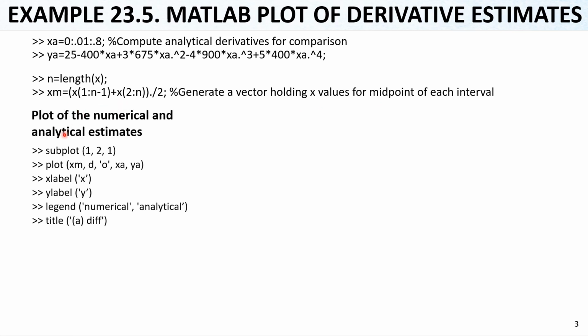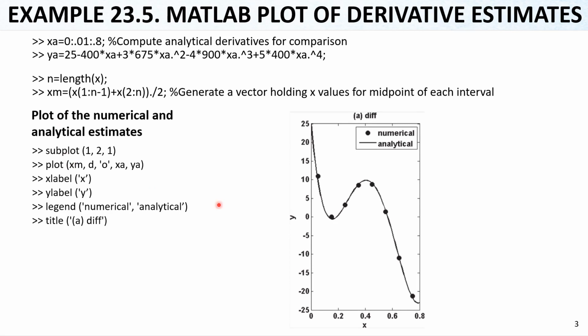Let's plot them using subplot, where xi and yi are the analytical values. This is the analytical derivative, and these are the numerical ones. So let's compare them. You can see with the diff function we obtained very accurate results. The dots are the numerical values that we obtained in the previous slide, while this continuous line is from the actual derivative.